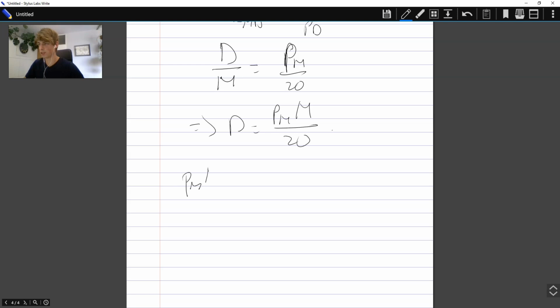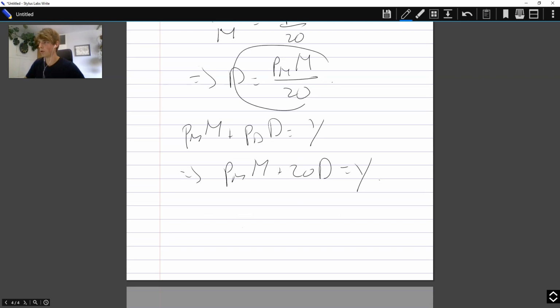So that one reads like this, where we can plug in PD and Y. We plug this in here. $20 times PM M over 20 just equals PM times M.